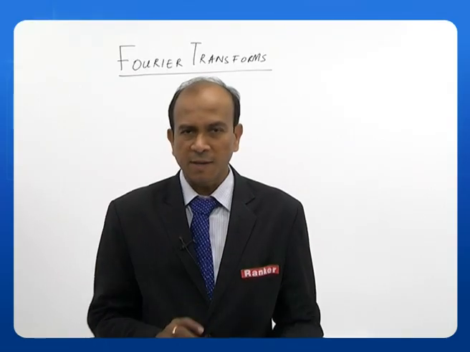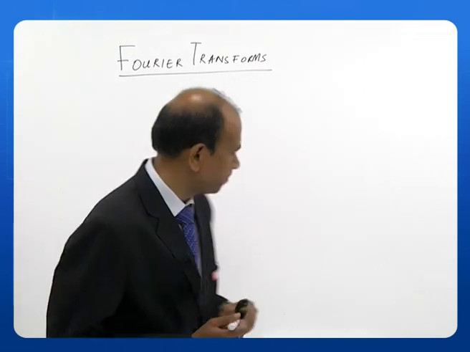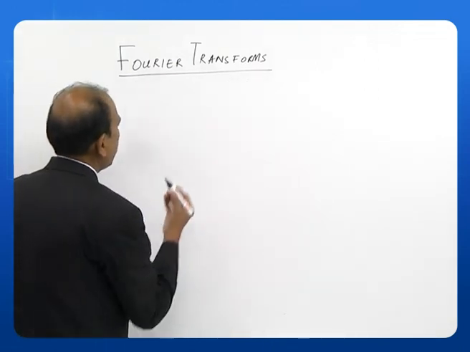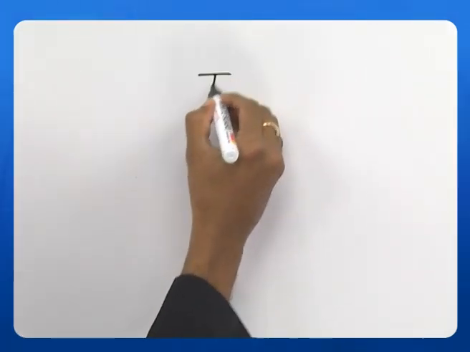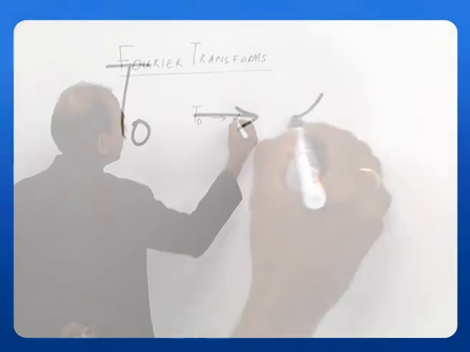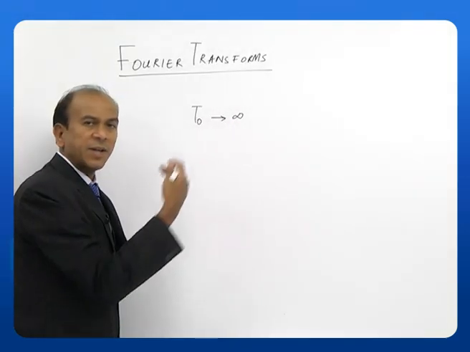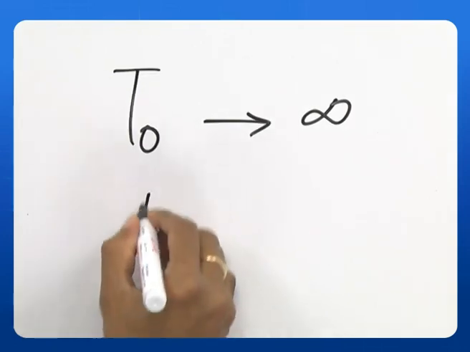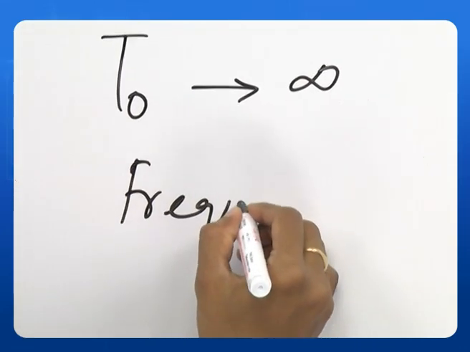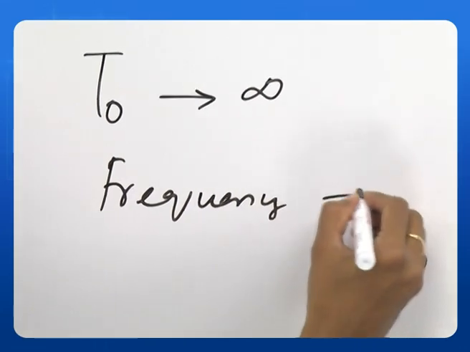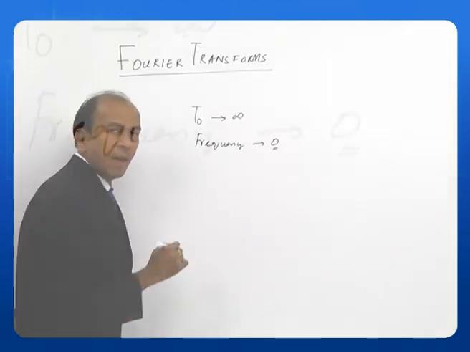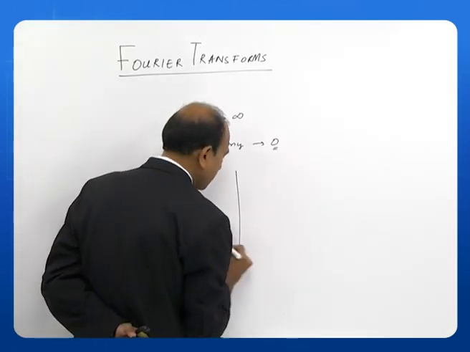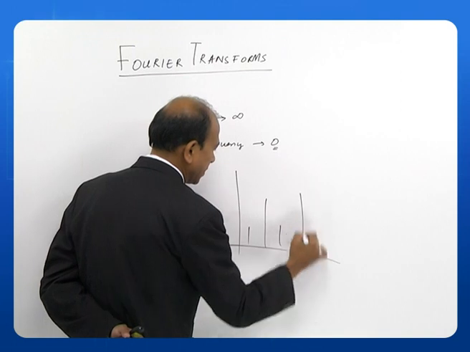So, let us understand this a little bit on the board. For a non-periodic signal, T0 is tending towards infinity. When T0 is tending towards infinity, what is happening to your frequency? The frequency is becoming 0. That means, for example, let us say I have a spectrum like this.